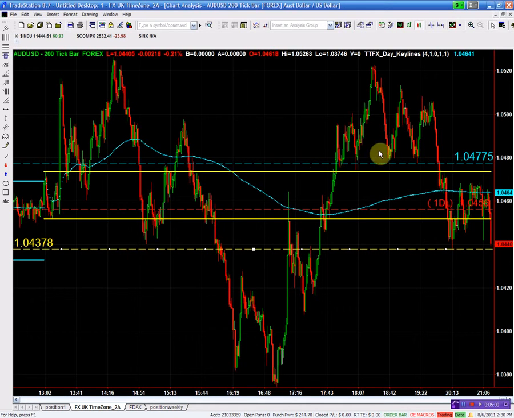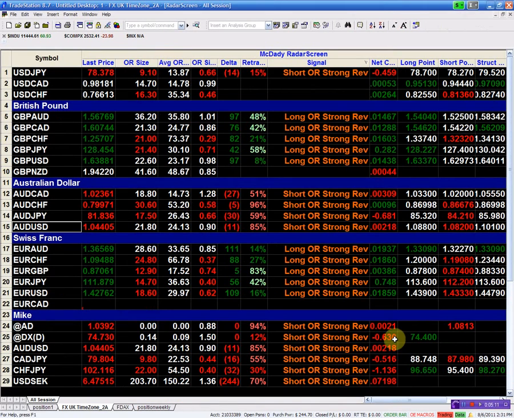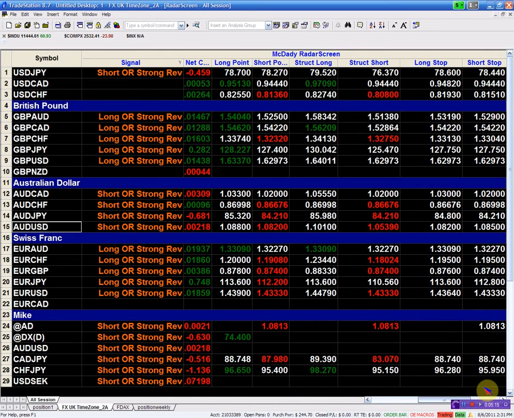So with that said, we are going to short the Aussie on a trade below the 104.38, and let me see from last week. This is our short structure from last week. We were shorting it from 108 last week.